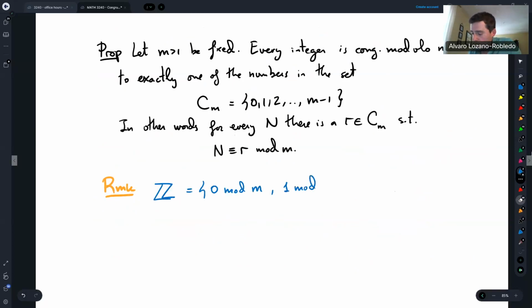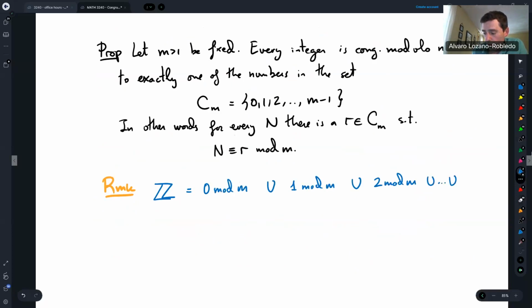Those are sets, so we should have a union of sets. So it's the class of 0 modulo m, all the numbers that are 0 modulo m, and then union the class of 1 modulo m, and union the class of 2 modulo m, and union up to the class of m minus 1 mod m, right? Those are all sets.